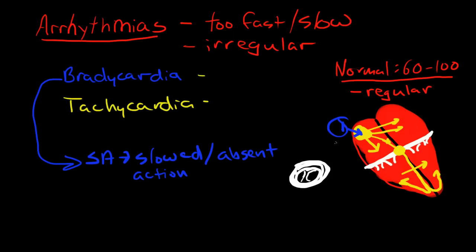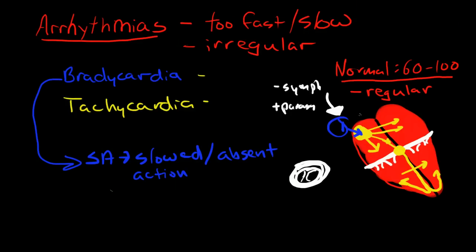Now, why is it slowed? Most frequently it is because it's getting less sympathetic nervous system impulses, or it's getting more parasympathetic impulses, and those actions will slow the SA node.